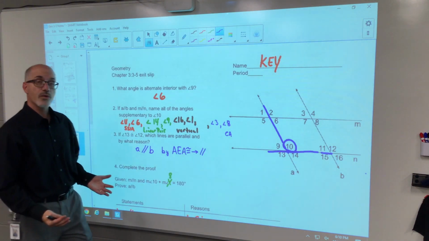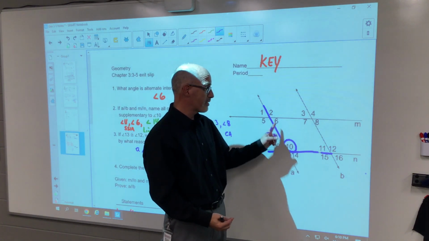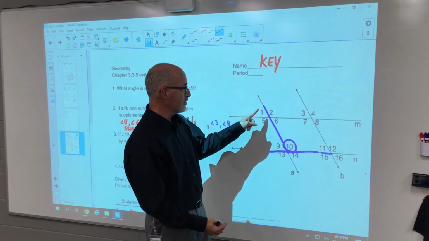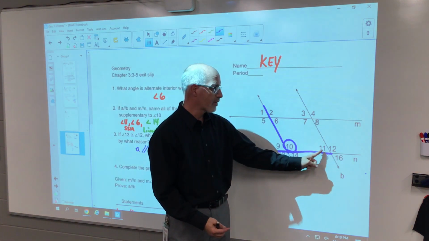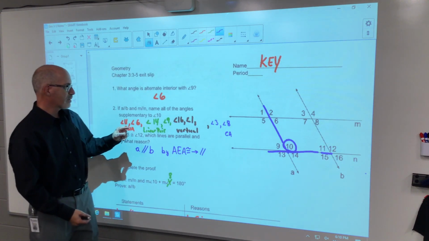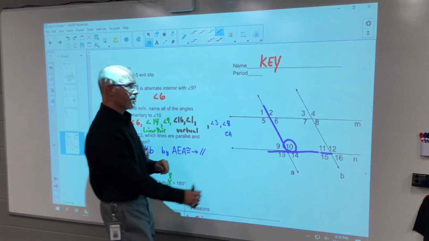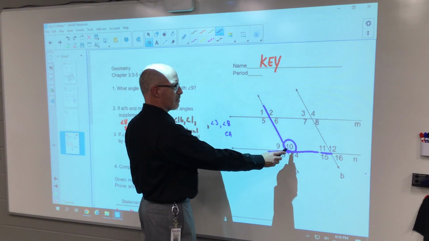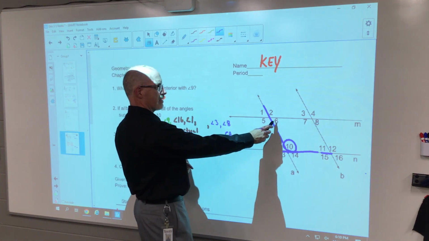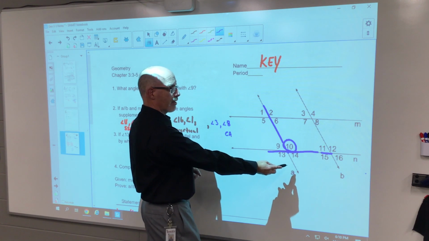Now we could name all the angles that are congruent to 11 and 6. We've got the vertical angles, 1 and 16, vertical with 11 and 1. So we could name 1 and 16. We could also use the corresponding angles to these. If we go with 6, the corresponding angle would be 14, which forms a linear pair anyway.